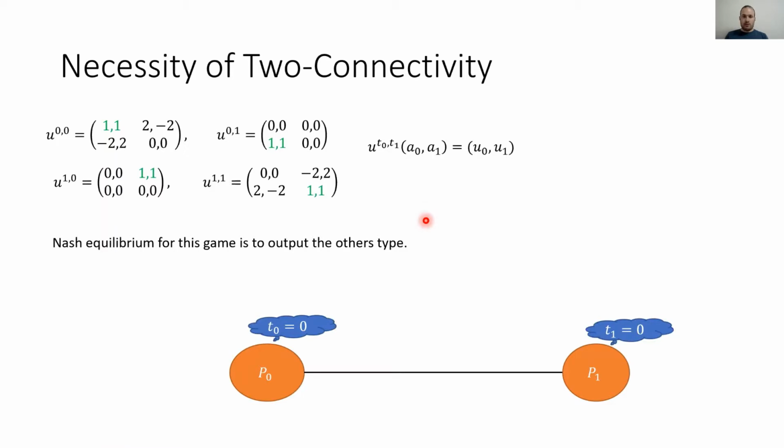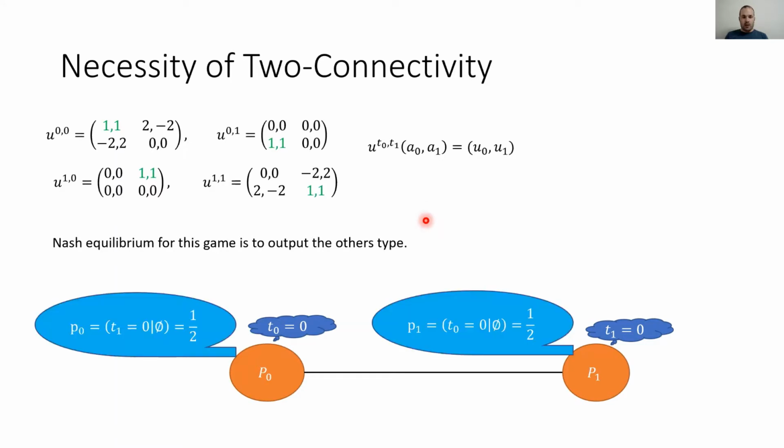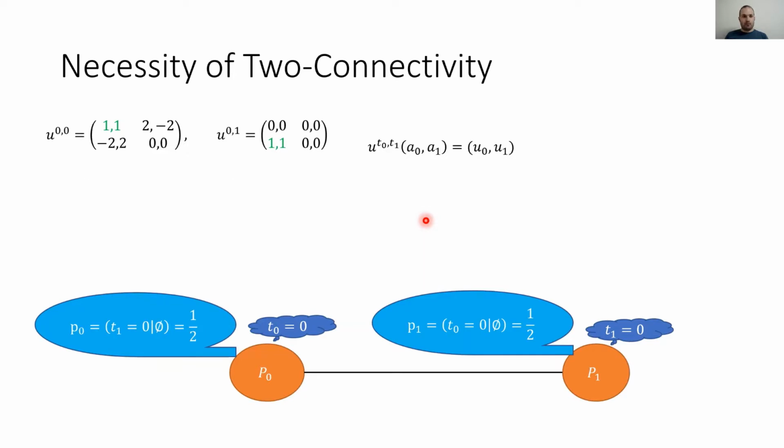Let's look at a specific example where both types are 0. At the beginning, each player thinks that the other's type is 0 with probability half. Let's look at what player 0 thinks. He knows his type, so these are his matrices, but he doesn't know the other's type.